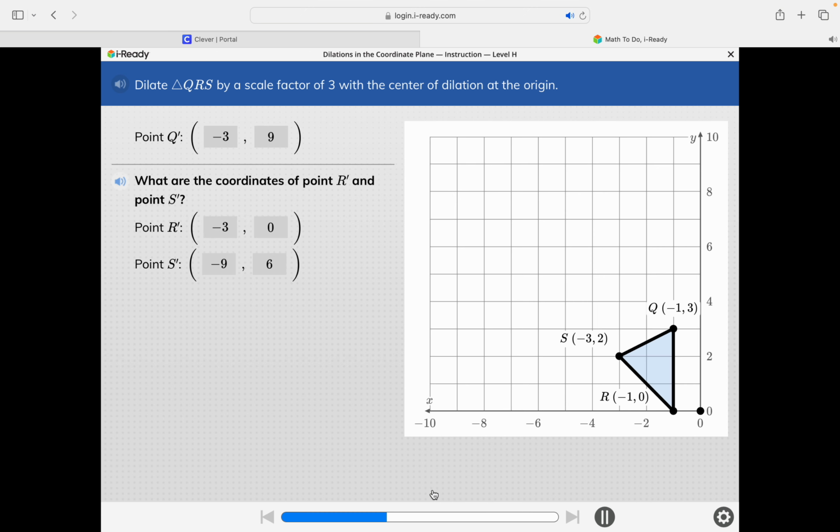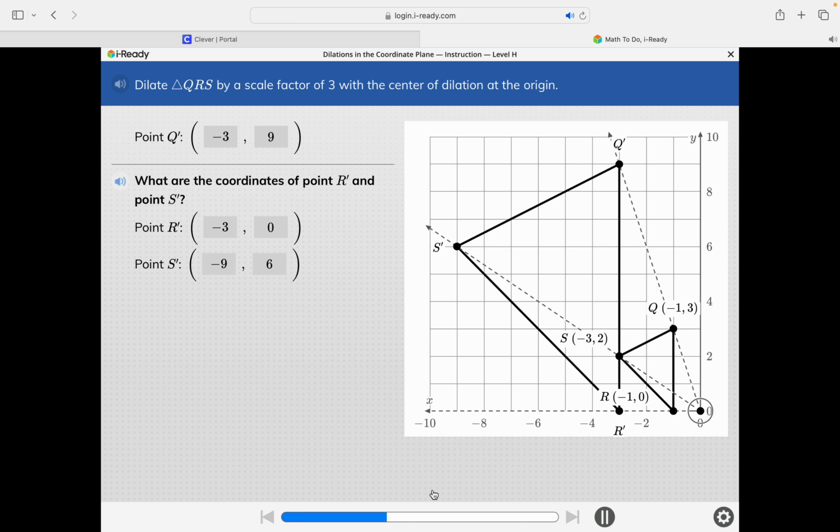Figure QRS is dilated by a scale factor of 3, with a center of dilation at the origin, to form figure Q prime, R prime, S prime. The rays from the center of dilation, see here, (0, 0), pass through the vertices of the dilated image. It's like a flashlight sending light from here.